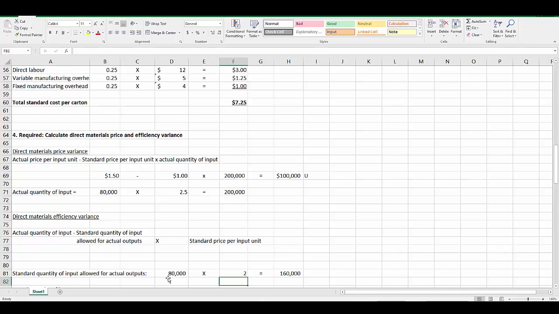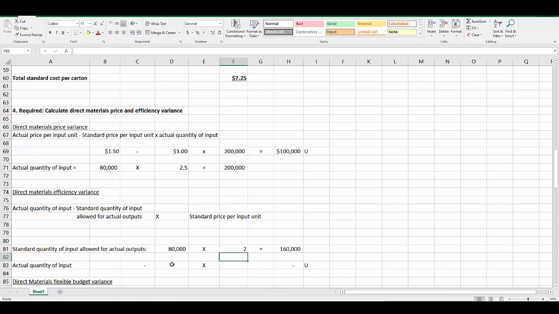And the next thing we want to look at is the actual quantity of input allowed. So here we use 200,000 kilograms of direct material. We've just calculated that. So it's 80,000 units, and we're told we use 2.5 kilograms of material. So we'll take our 200,000, we don't need to recalculate, we've already done it.